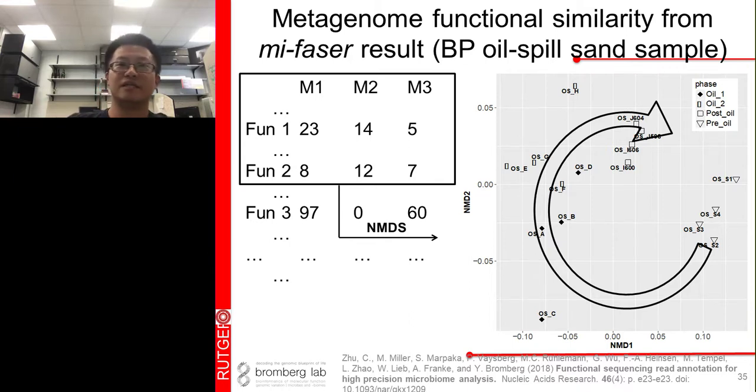You can see it's pretty well separated between different phases. But what is more interesting is that from the pre-oil to the oil phase and then to the post-oil phase, it shows the sand microbial community recovering from this contamination.